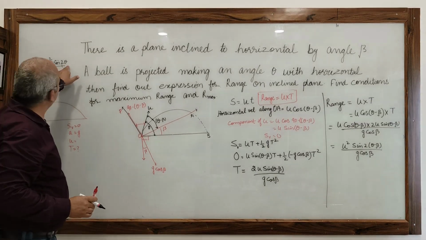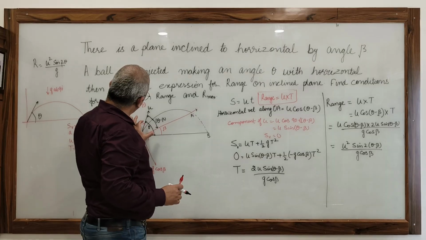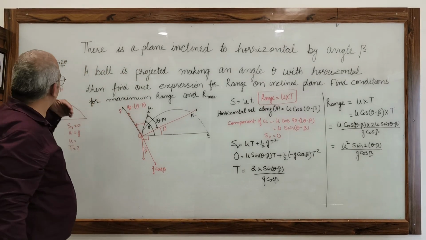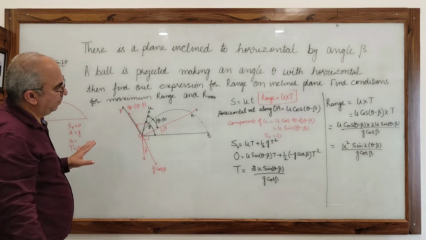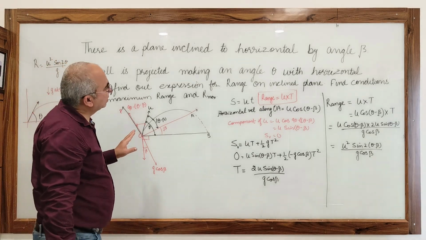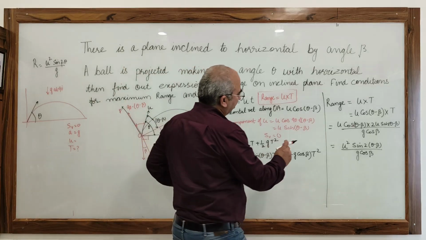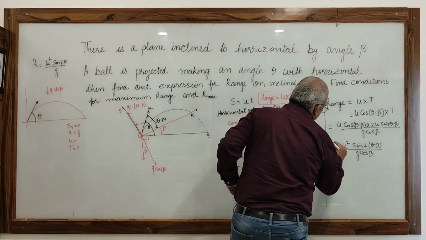The sine is of 2 theta there, while here the angle made with the horizontal is theta minus beta, so it is twice that. So the format is the same. This is the range for the inclined plane. Okay, this is R.